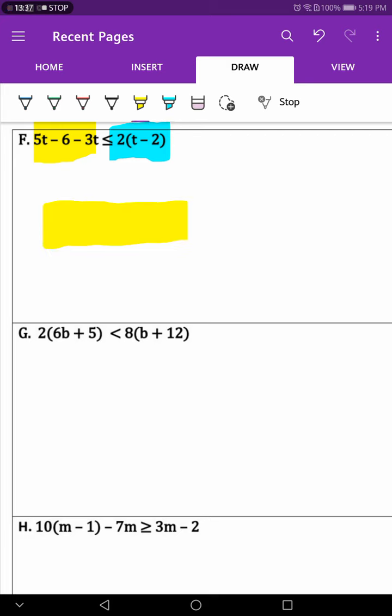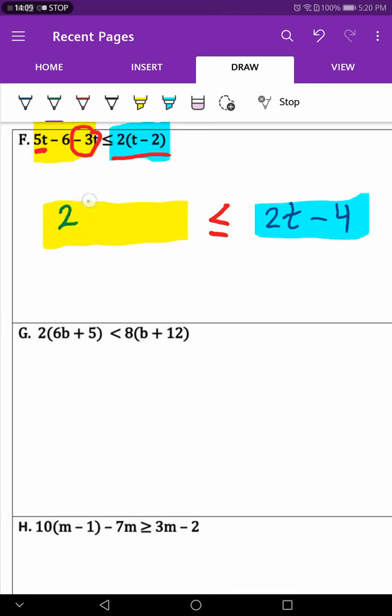And here I will combine 5t minus 3t, it is 2t. Nice letter, 2t. Okay, negative 6.